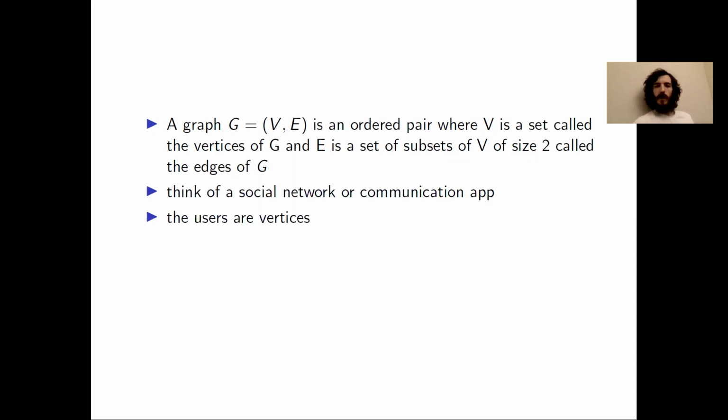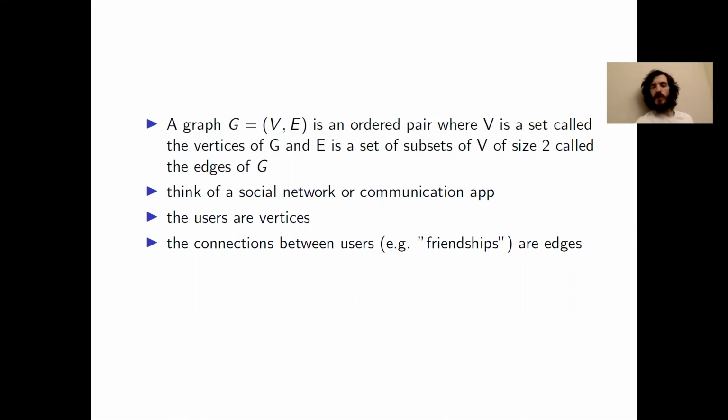In a social network, the users in that network are the vertices of the graph. The relationships between users, for example, friend connections in a social network, are the edges of the graph. And these edges in a graph are undirected.